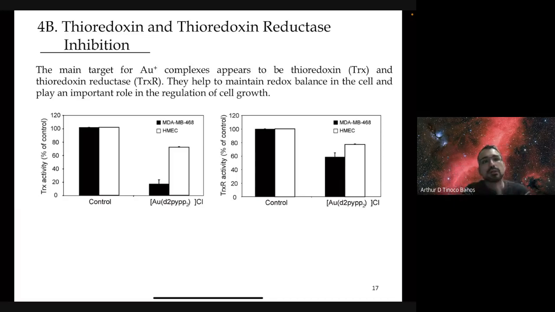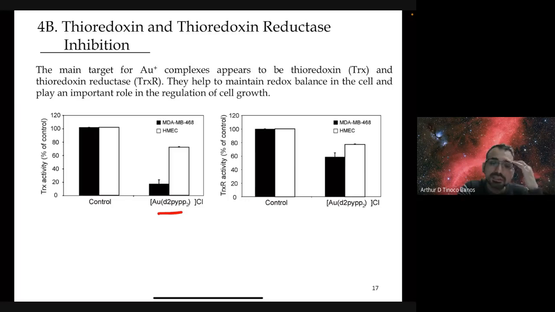The thioredoxin reductase inhibition study was performed to get a general sense about whether a particular compound, in this case D2PYPP, which had no effect on the non-cancer cell line but an anti-proliferative effect on the cancer cell line, hits these targets. So they looked at this further, again focusing on both cell lines.